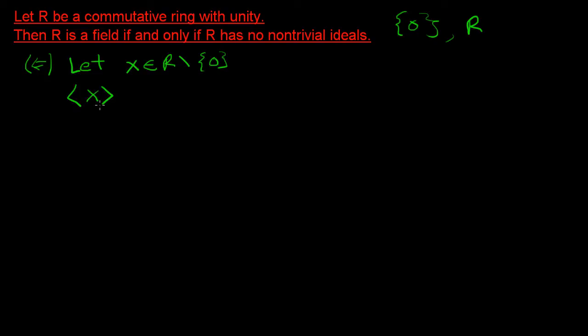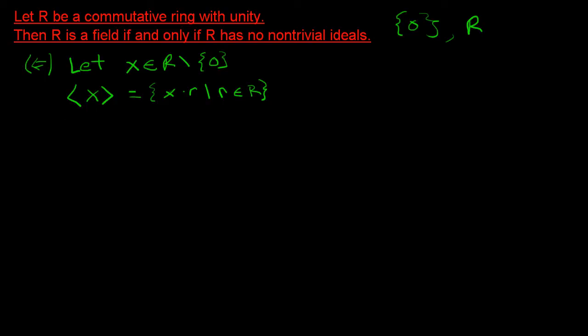And I did this in the last video. I just forgot to tell you the notation for it. This is the set of x times r, such that r is in R. So it's just x times the ring. And this is actually called a principal ideal, the principal ideal generated by x.